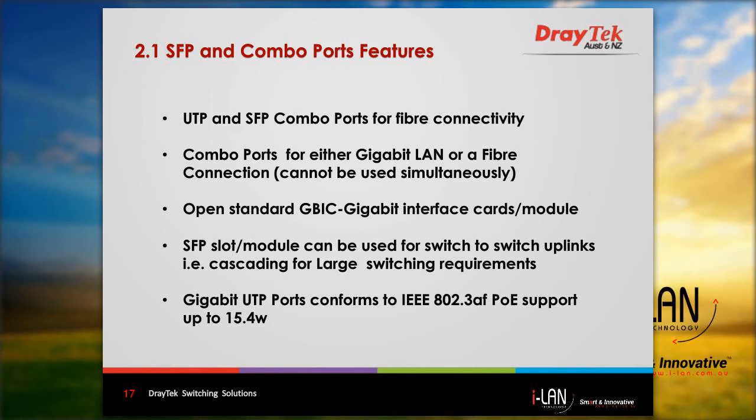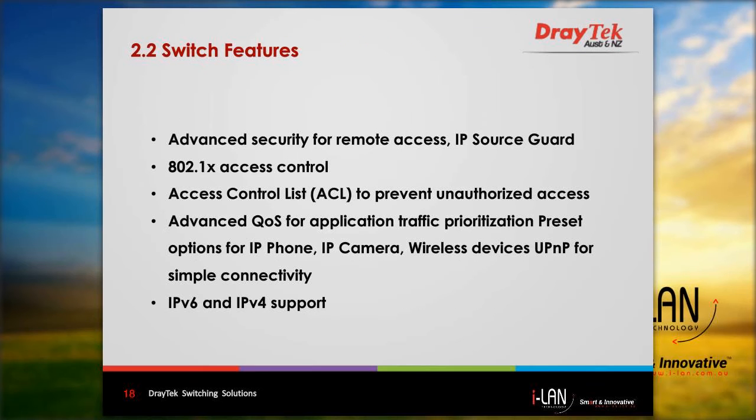And also open standard GBIC gigabit interface cards are supported, and the SFP slot and modules can be used for switch uplinks, such as cascading for large switching networks or switching requirements. And the gigabit UTP ports conform to IEEE 802.3af PoE and support up to 15.4 watts of power.